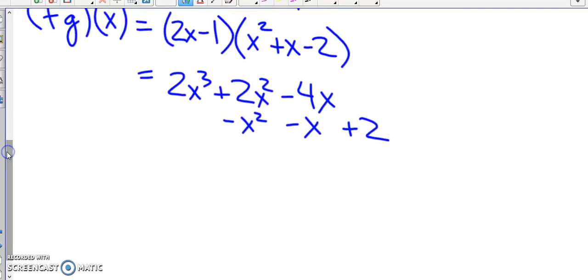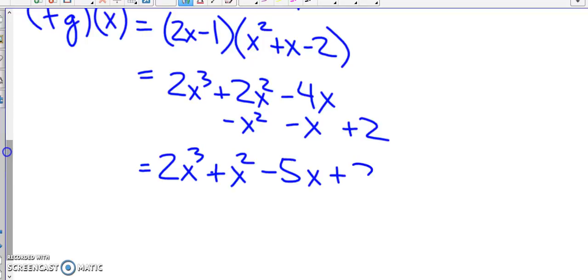And that would come out to be 2x cubed plus x squared minus 5x plus 2. And we discussed what the domains of these would be, right? All real numbers.